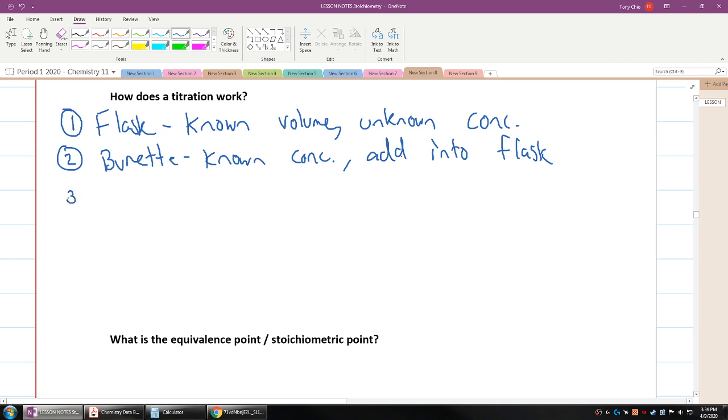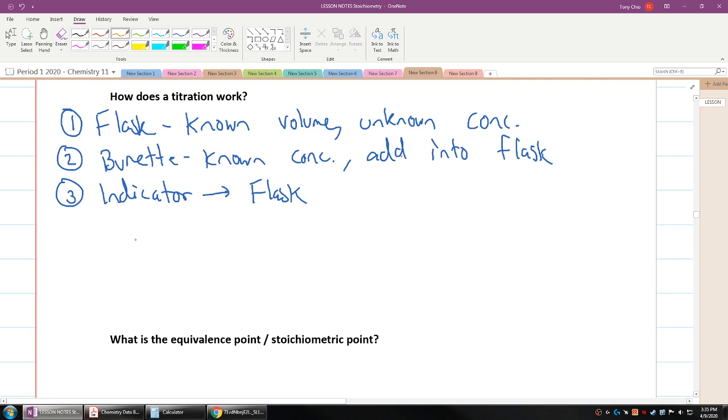And you also have an indicator. An indicator is added into the flask, and it will change color at a certain pH. And usually you want that change to occur at what we call the equivalence point. So we're going to use the equivalence point to help us find our unknown concentration.